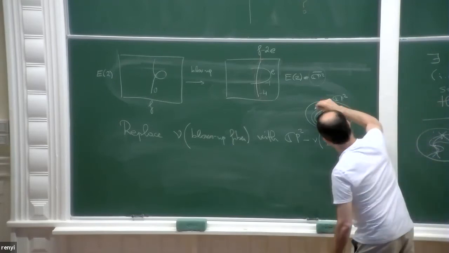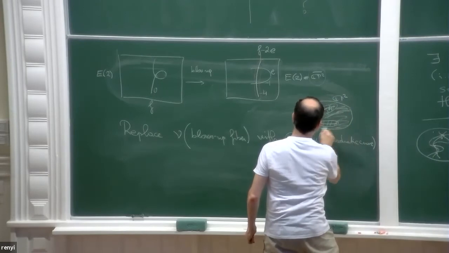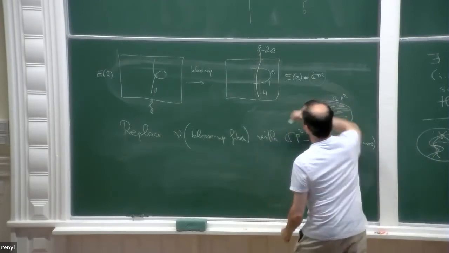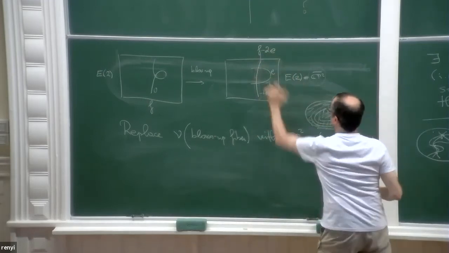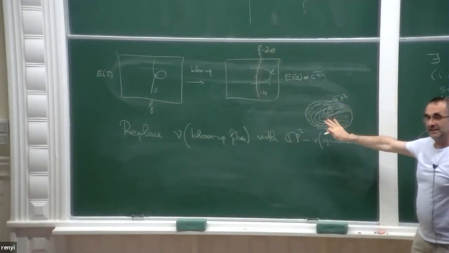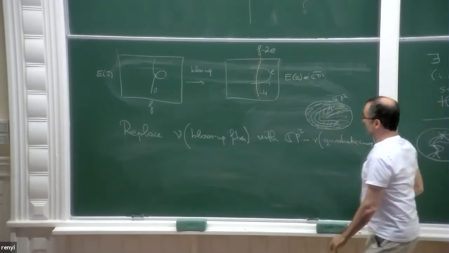So we just take this shaded region and cut out the tubular neighborhood of the curve and glue in the shaded one. Now it's a complete mess, as I see, but I hope you follow what I'm saying.